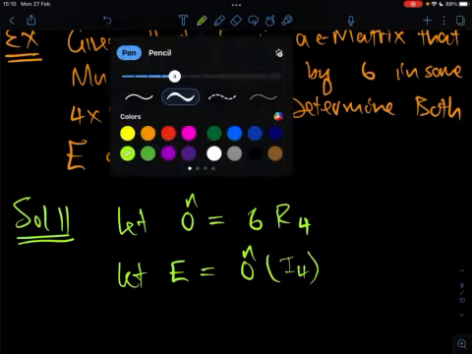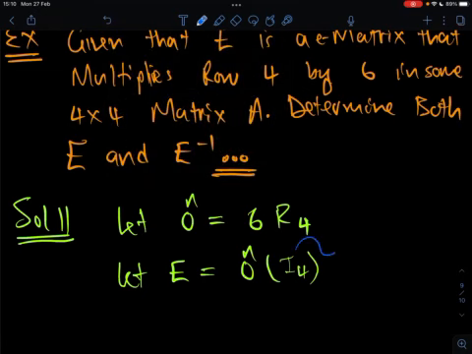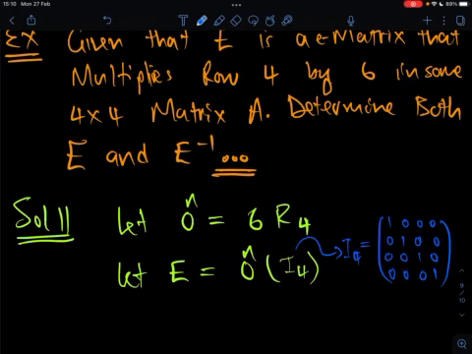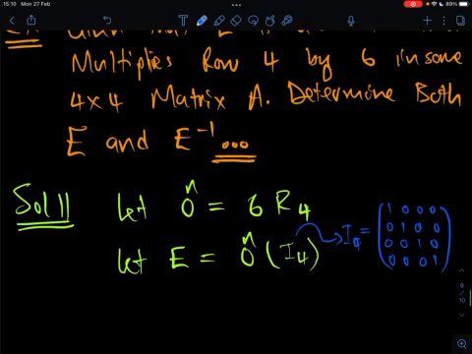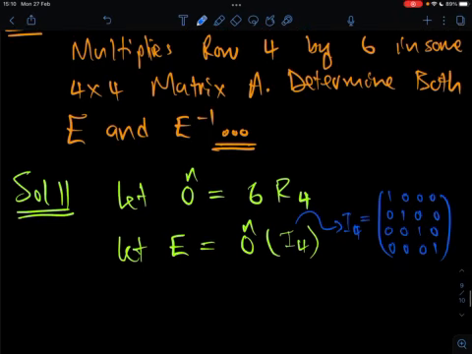Now let's recall what we mean by I4. I4 is the matrix defined as 1 0 0 0, 0 1 0 0, 0 0 1 0, 0 0 0 1. So I have to apply this operation onto I4. What will I obtain?